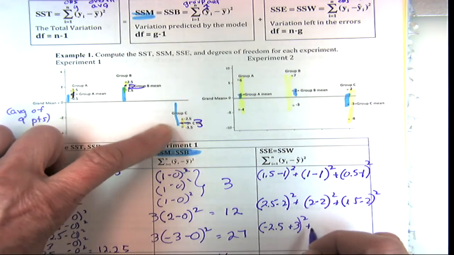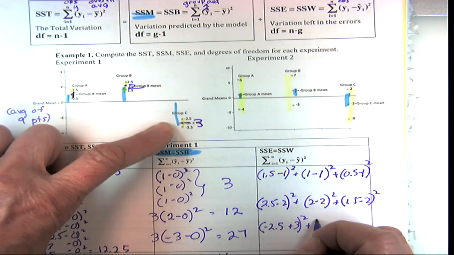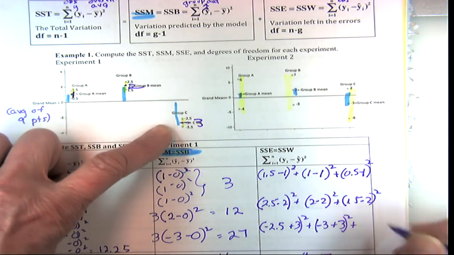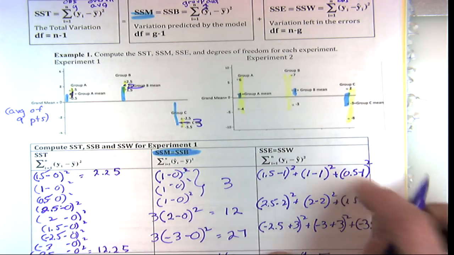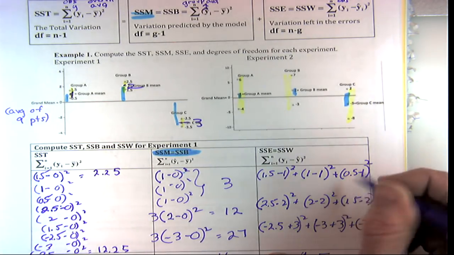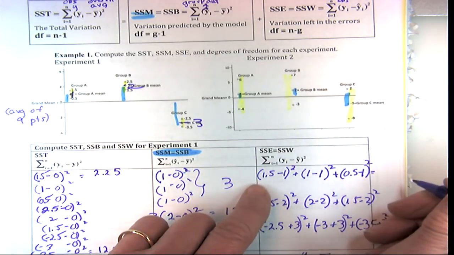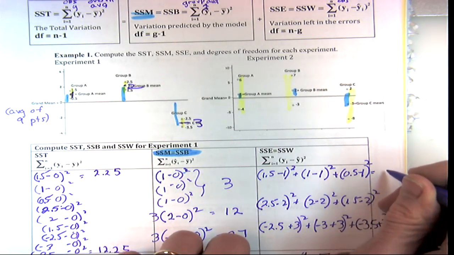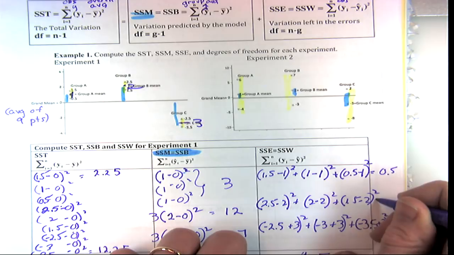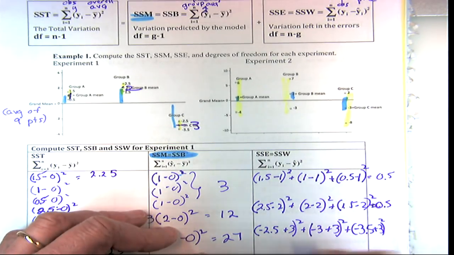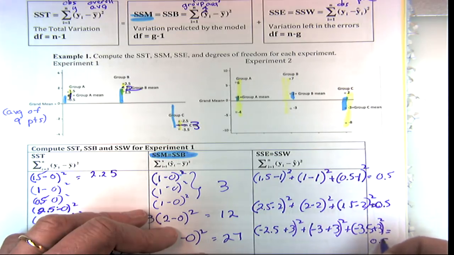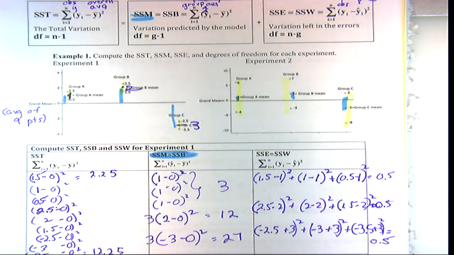And then we have plus negative 3 minus negative 3, so that's plus 3 squared, plus negative 3.5 plus 3 squared. So if we add all those, these are all the same. This is like 0.5 squared plus 0.5 squared, so that's 0.5. This one's equal to 0.5, and these 3 are equal to 0.5, so it checks out.